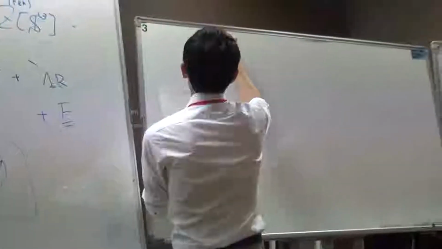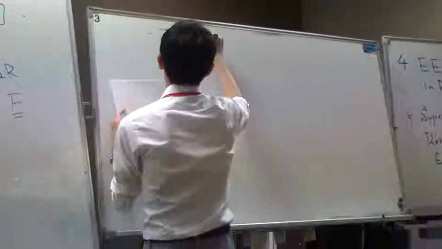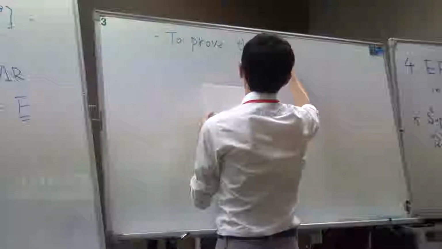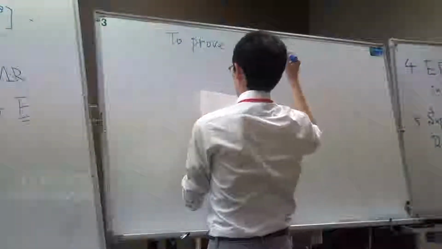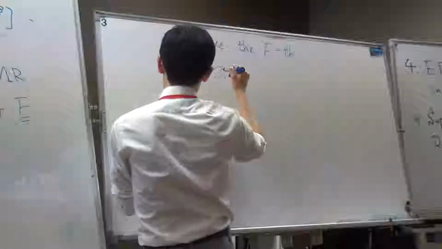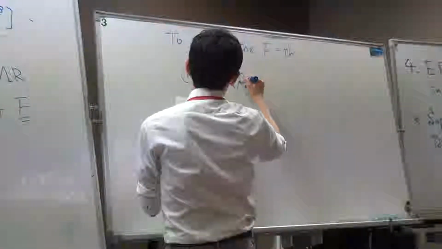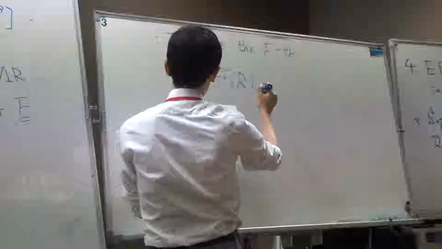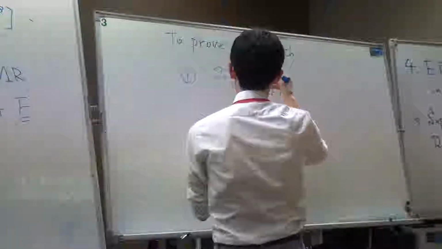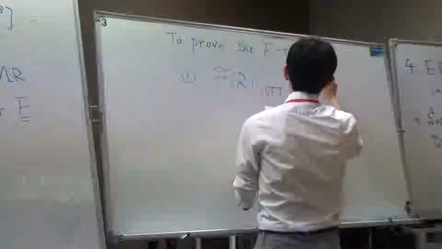To prove the F-theorem, I need a function, the script F, which is a function of the radius r.